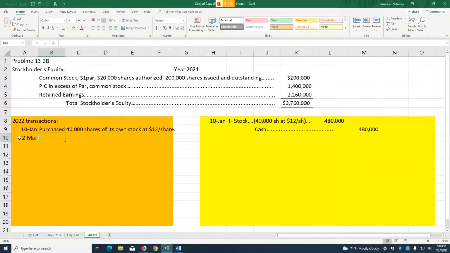On March 2nd, it says, directors declared $1.50 per share cash dividend, payable on March 31st to the March 15th stockholders of record.